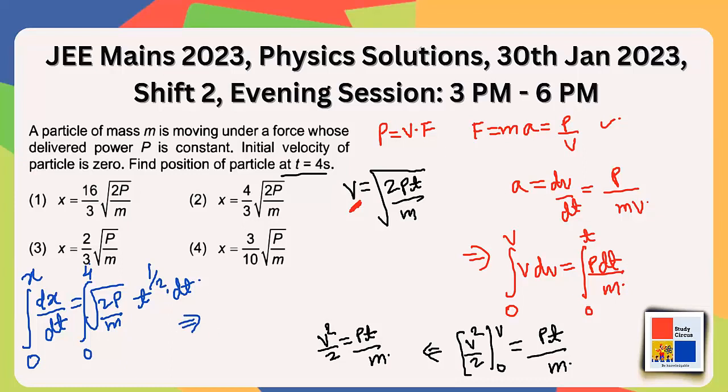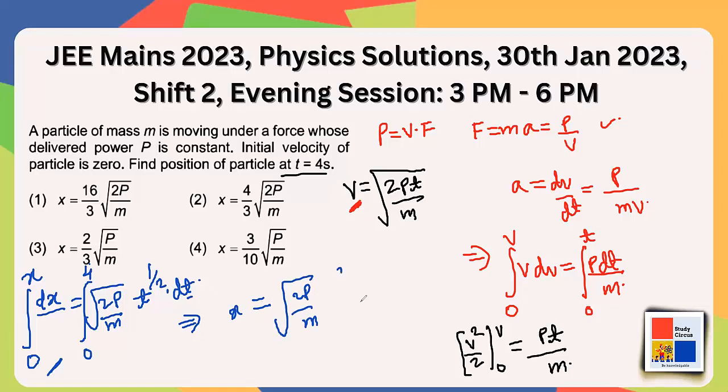So if we do the integration again, dt has come here, so dx is equal to this times dt. So we have x is equal to the square root of 2P upon m, which is a constant. So we are left with the integral of this thing only. So this is straightforward integration. This is equal to the square root of 2P by m as it is outside.